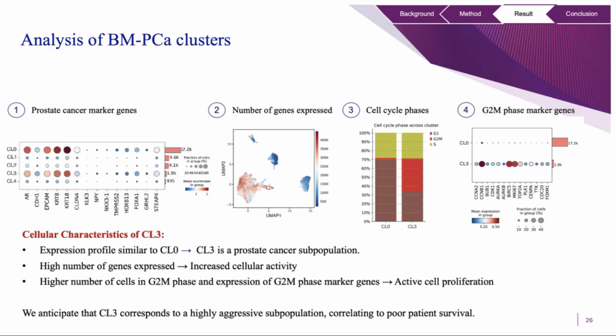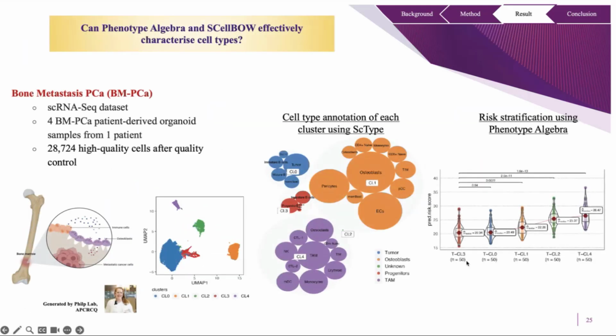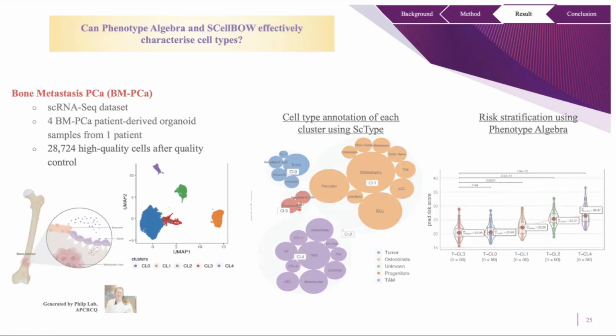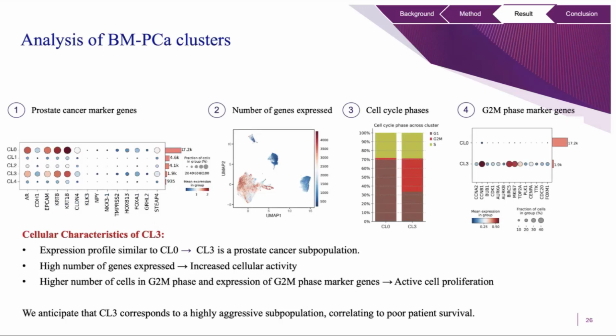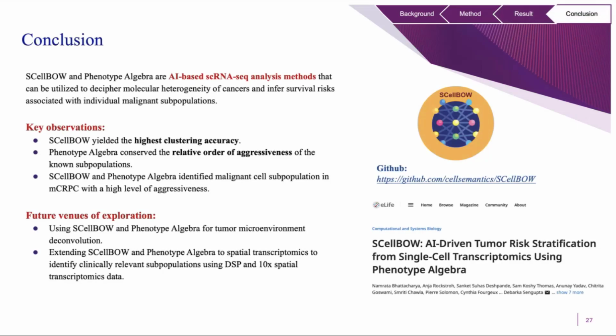So when Phenotype Algebra lined up cluster 3 before cluster 0, which is our prostate cancer cluster, we can deduce that this is a more aggressive prostate cancer subtype that we can detect from this data set. So this is the overall application.